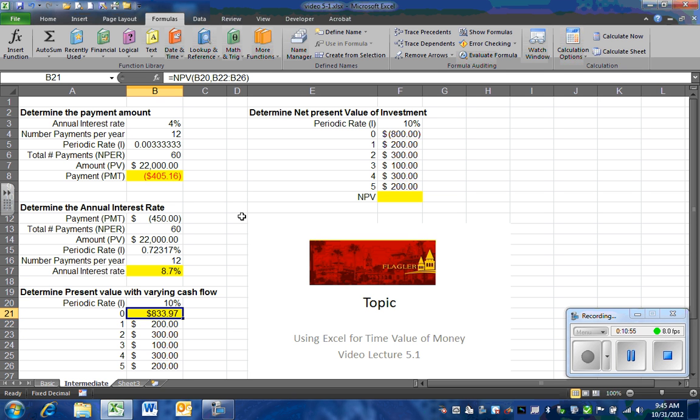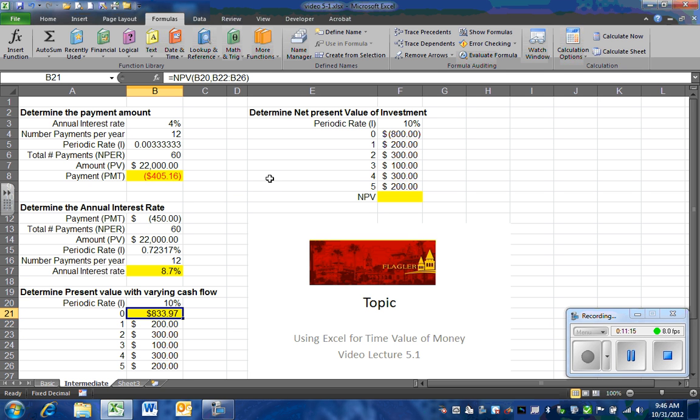Now in managerial accounting, we're going to be looking at capital budgeting, which looks at the return on an investment. And one of the techniques that is used is called the net present value technique.